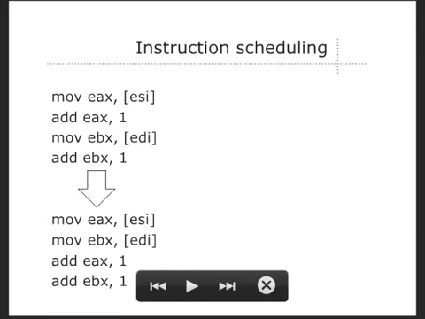So here you have two assembly sequences that are equivalent, but one of them will be slightly faster. Here we're loading a value from memory into EAX and then adding 1 to it. And then underneath that, we load a value from EDI into EDX and then add 1 to it as well. These memory loads are usually pretty slow on the CPU because it has to talk to the RAM to get the right value, and this takes a bunch of clock cycles.